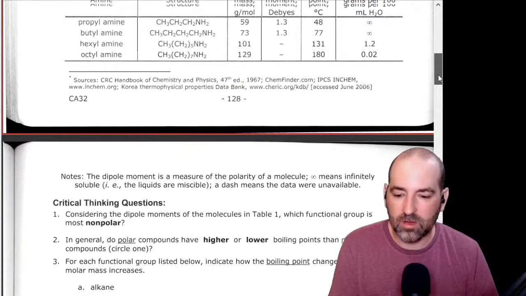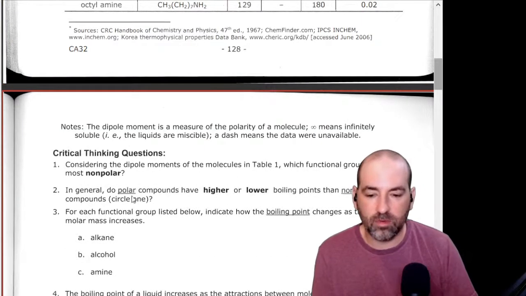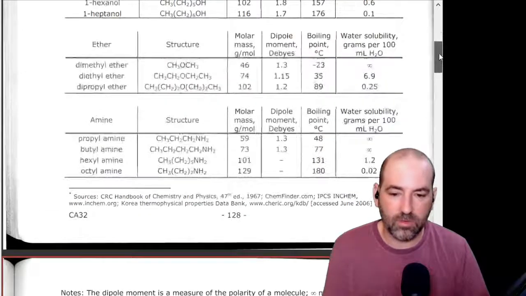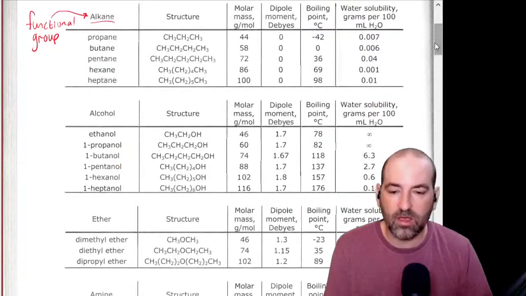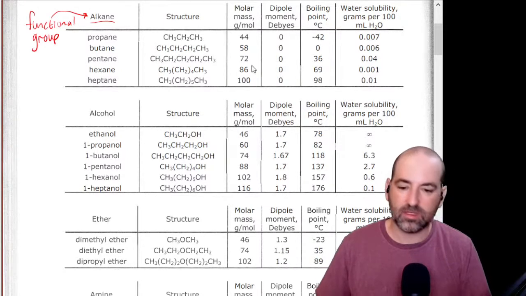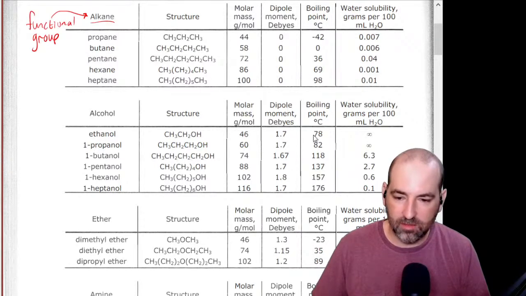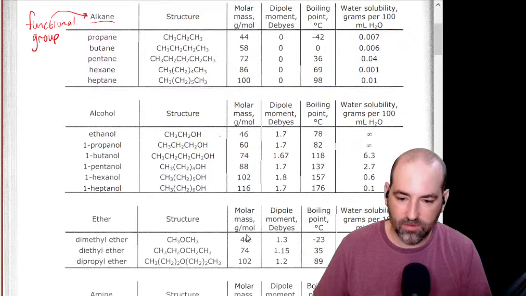All right, then it says, in general, do polar compounds have higher or lower boiling points than non-polar compounds? Well, we can again look at the table here. If I'm looking at comparably sized molecules, the ones in the alkanes compared to the others, definitely these are higher. So I've got a 46 versus a 44 versus a 46, and I got 78, minus 23, and minus 42.